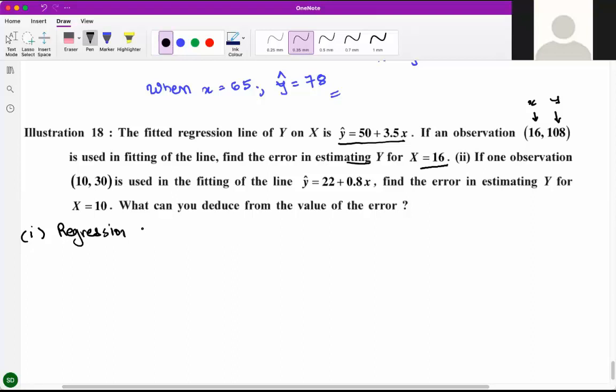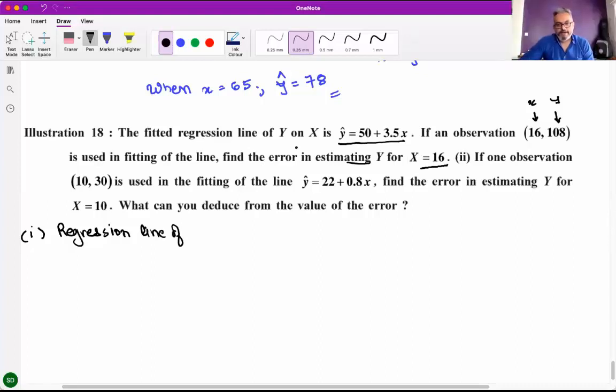Excuse me, sir. So can you please explain the question again? Okay. The fitted regression line of y on x is y cap. This equation is given. If an observation, when x is 16, y is 108, is used in fitting of the line. So in the question, all the observations x and y are given.